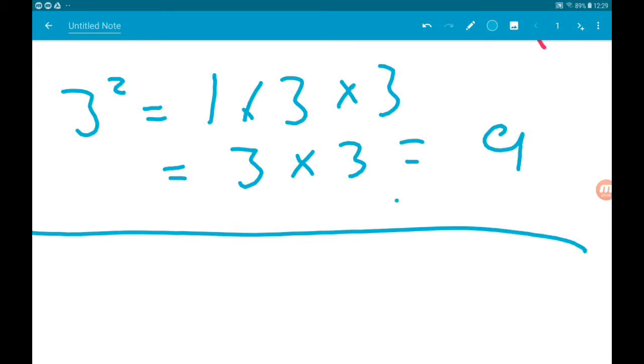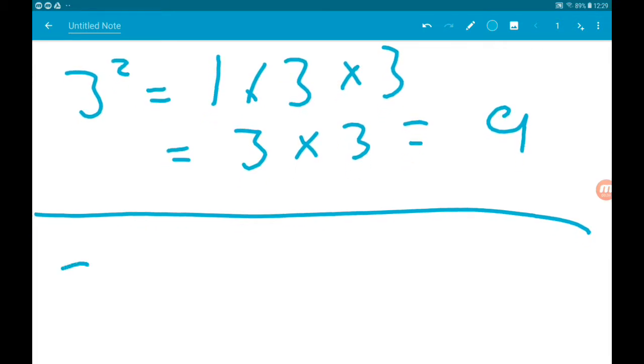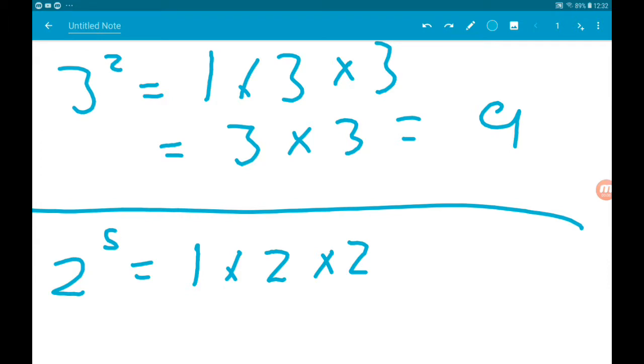Let's say we wanted 2 to the power of 5. So that means 1 multiplied by 2 5 times. So that's 1 times 2, there's once, times 2, there's twice, times 2, there's 3 times 2, 4 times, one more time, times 2, there's 5 times.